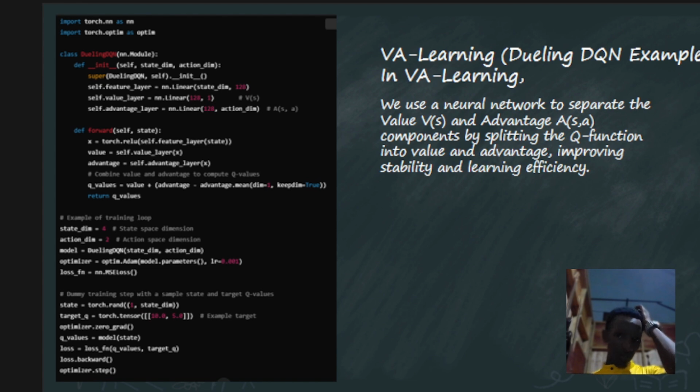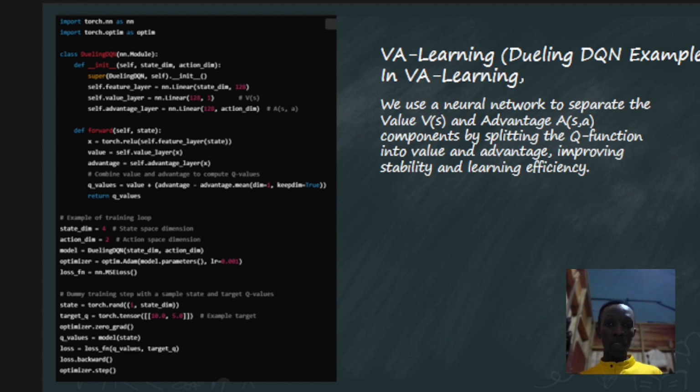We use a neural network, deep learning, and also we do the forward pass through a neural network, so that we can have more stable and efficient models for complex environments. This also reduces the variance and improves the learning efficiency.